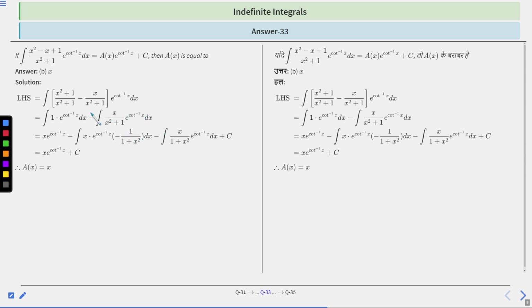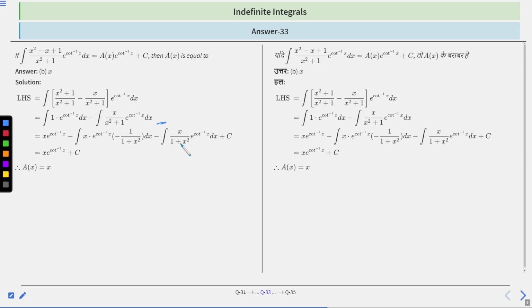Therefore, it will be x e to the power cot inverse x by using integration by parts. So x into e to the power cot inverse x minus the integration of x into e to the power cot inverse x into minus 1 upon 1 plus x square dx, because the differentiation of e to the power cot inverse x will be e to the power cot inverse x into minus 1 upon 1 plus x square, minus the integration of x upon x square plus 1 into e to the power cot inverse x.